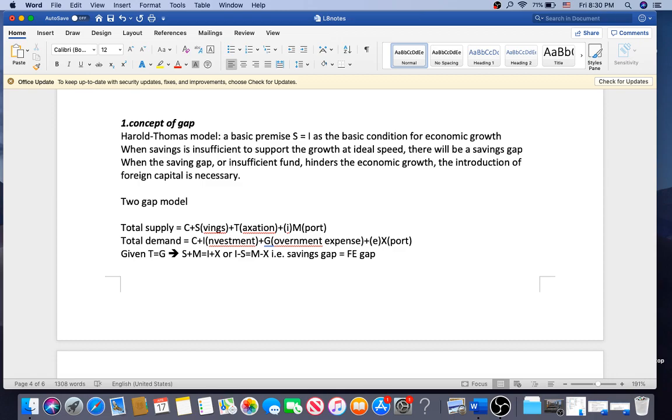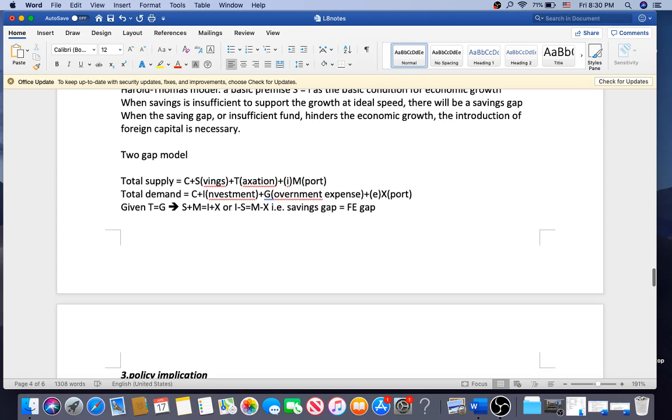And that will make external funds to fill those gaps necessary for balanced economic development. And thus the two gap model is shown on this.